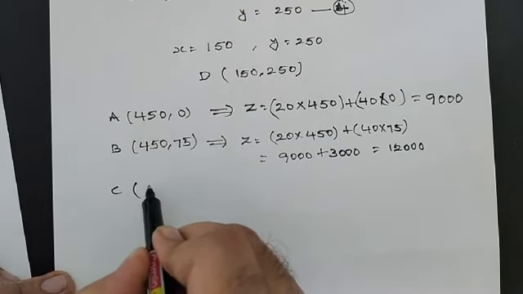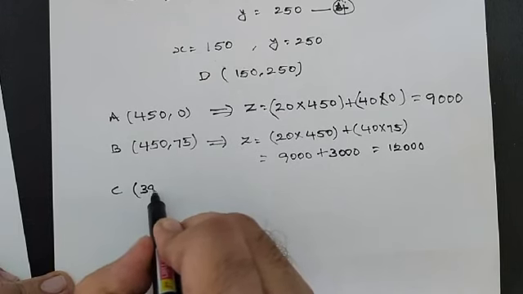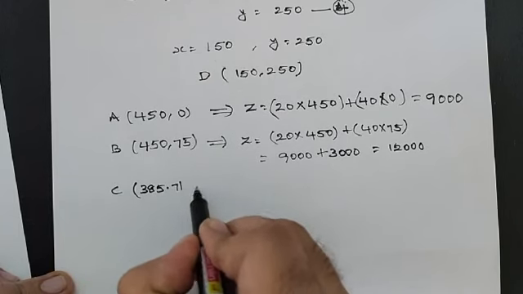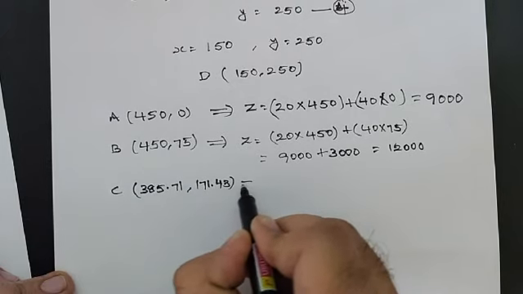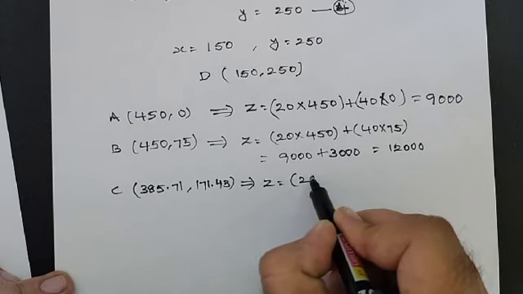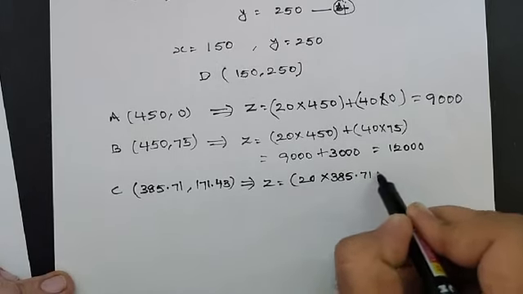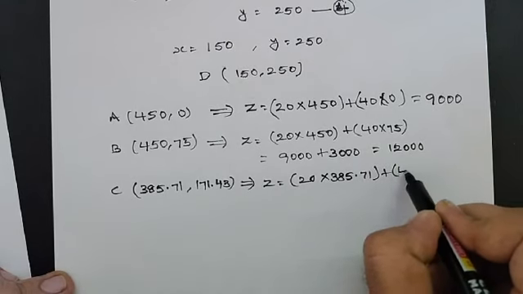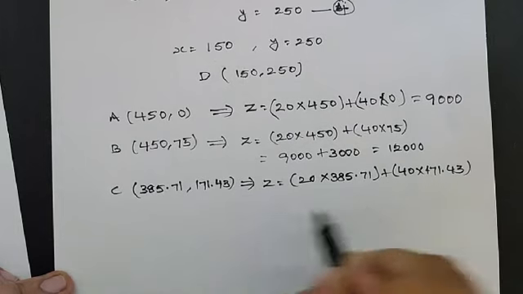Next, take point C. What is the value of point C? 385.71 comma 171.43. Then the value of z equals 20 into 385.71 plus 40 into 171.43.